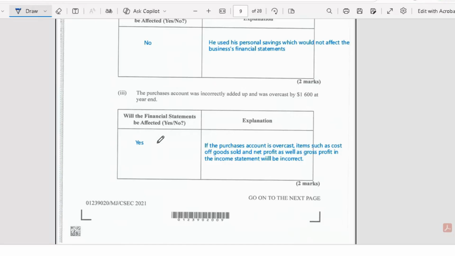And therefore, if the purchases account is overcast, this will cause your cost of goods sold to be overcast, and therefore your net profit would be less than the amount that it should be. So everything after your purchases would be affected. Your cost of goods sold, your net profit, your gross profit. So it will give you an incorrect financial statement.